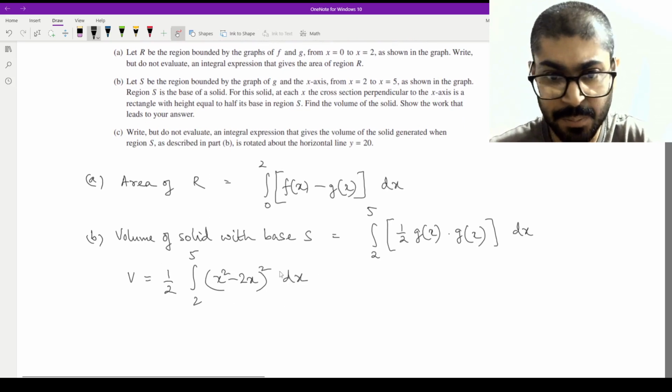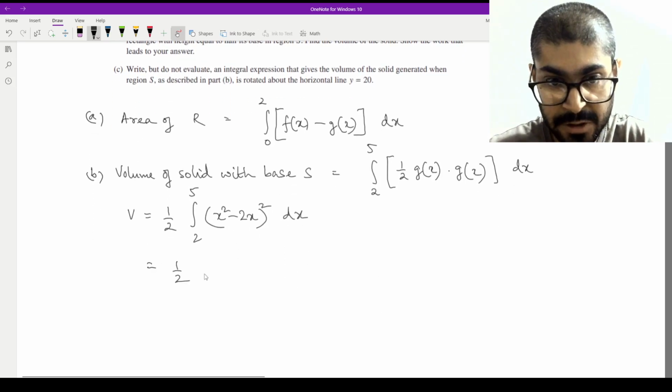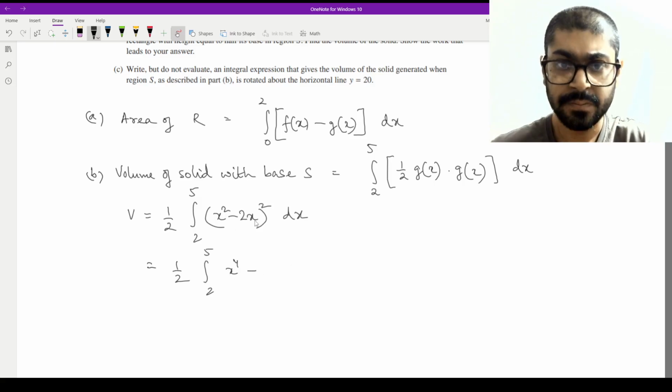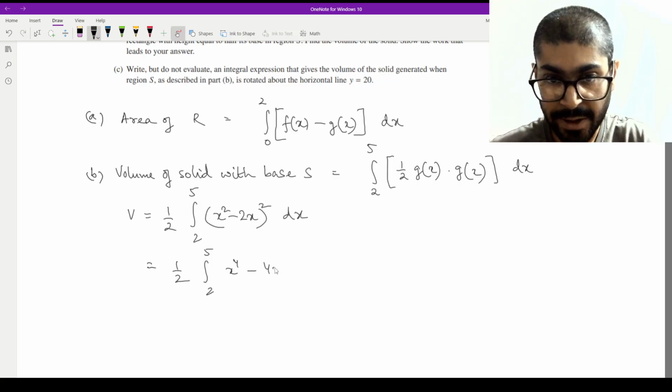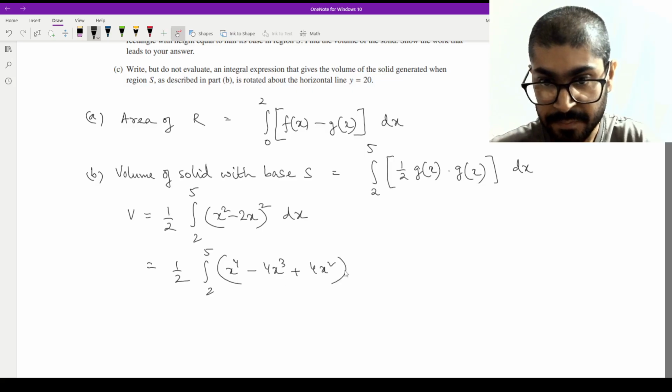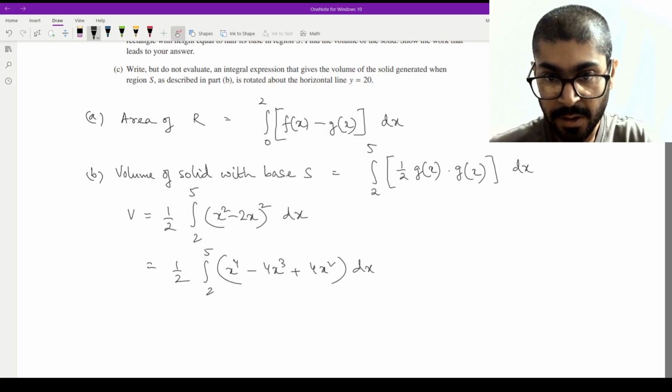Now this is just a simple calculation. We should not have much trouble with it. From 2 to 5, this will be x to the power 4 minus 4x cube plus 4x square dx, right? So integrate it.